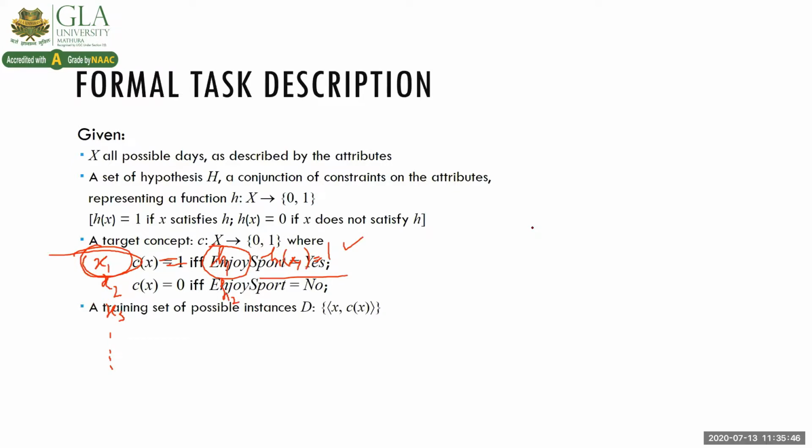The training set of examples is the possible instance d equal to, in angle brackets, x, the possible instances, and c(x) is the possible concept value, which is either 1 or 0, that is a binary value.